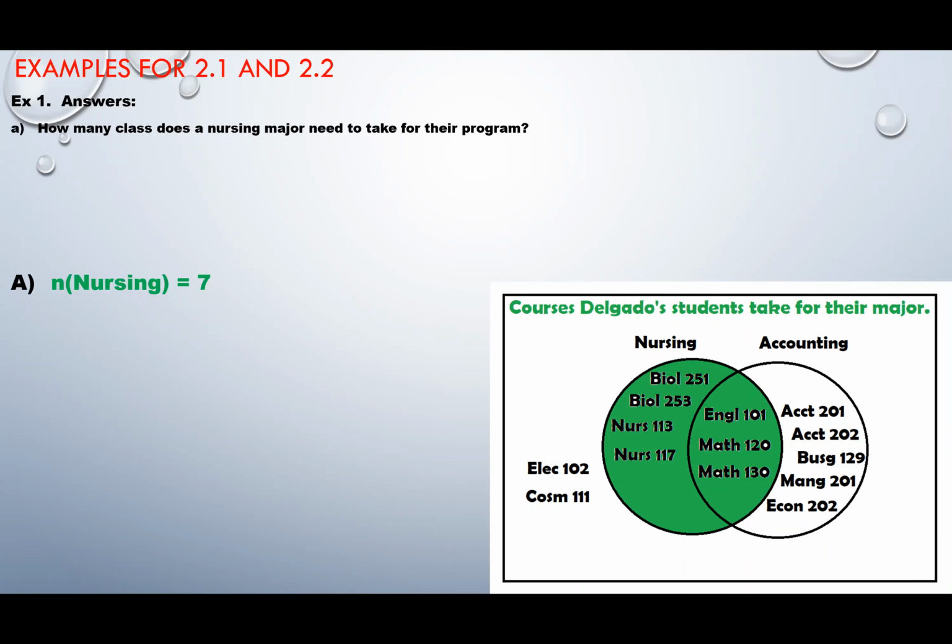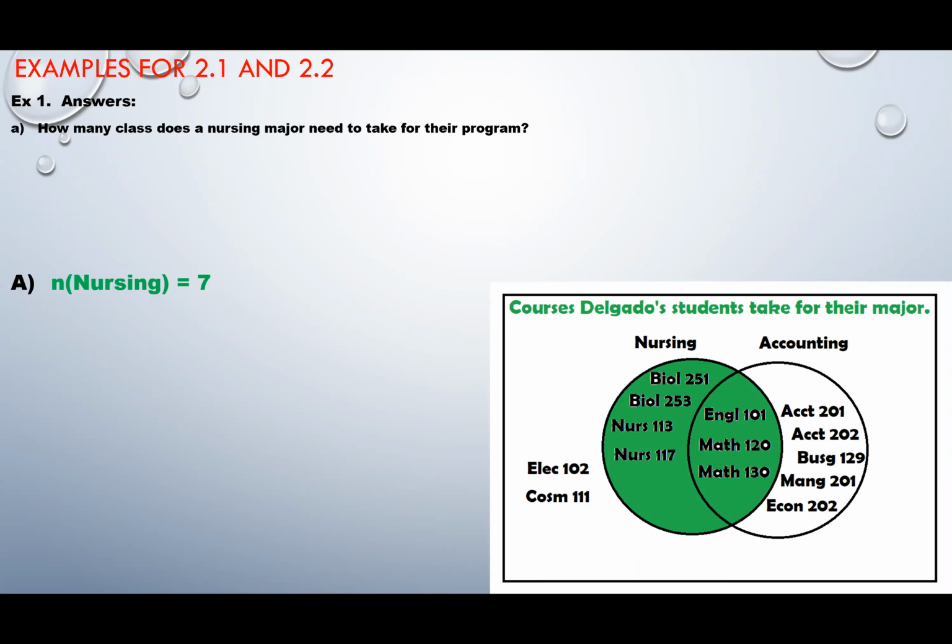They can take English 101, Math 120, Math 130, Nursing 113, Nursing 117, Biology 251, and Biology 253. Do you agree that those are the 7 courses that a nursing student can take? And again, if they ask you to list them, you just list each of them out. In this case, they ask you for the cardinal number, which is how many individual items, right?